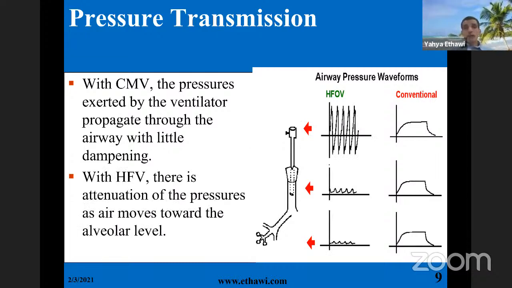You can see that in conventional ventilation, the damping or attenuation of the pressure once you move distal is very small, and almost the pressure applied to the proximal airways is the same as in the distal airways, while in high frequency it is attenuated until you reach a minimum change at the alveoli to prevent the damage.